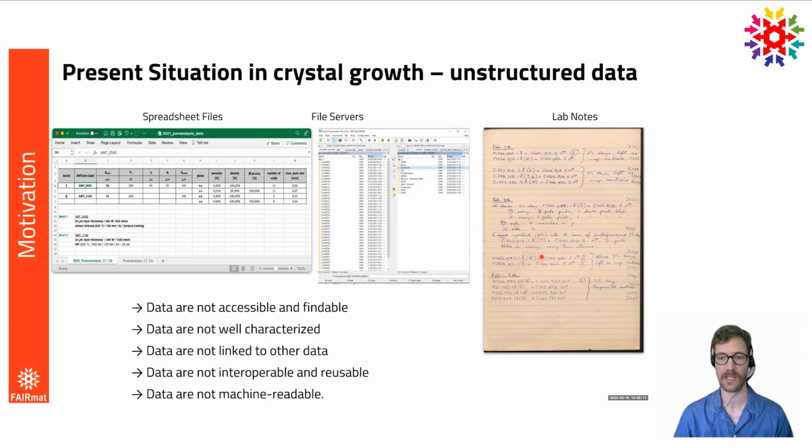Some data is organized individually, other data is organized by group conventions or even on an institute level, but you can summarize that most data is unstructured. As a consequence, data is often not well accessible and findable. Data are not well characterized, data are not linked to other data, they are not interoperable and reusable, and they are really not machine readable.